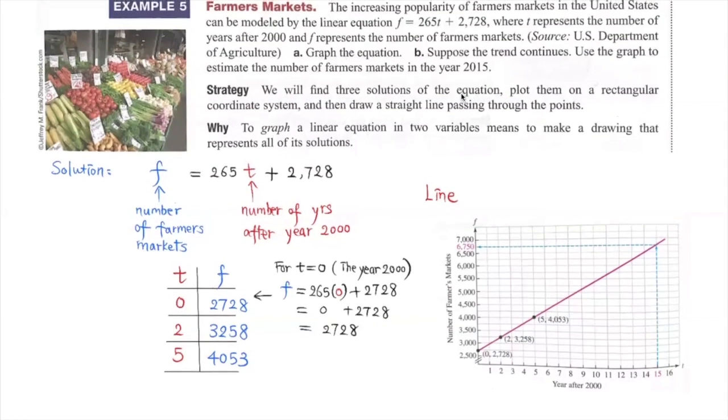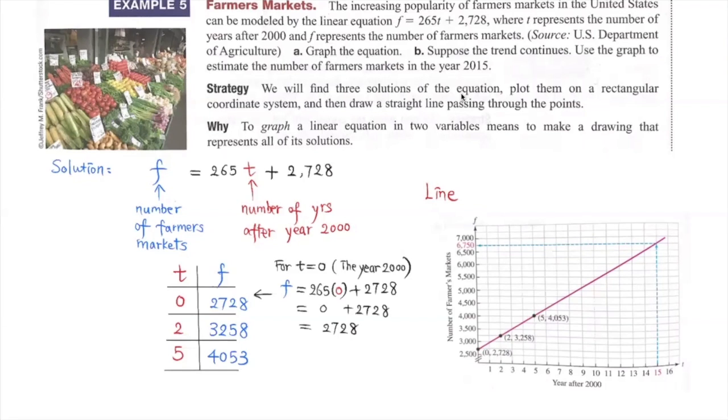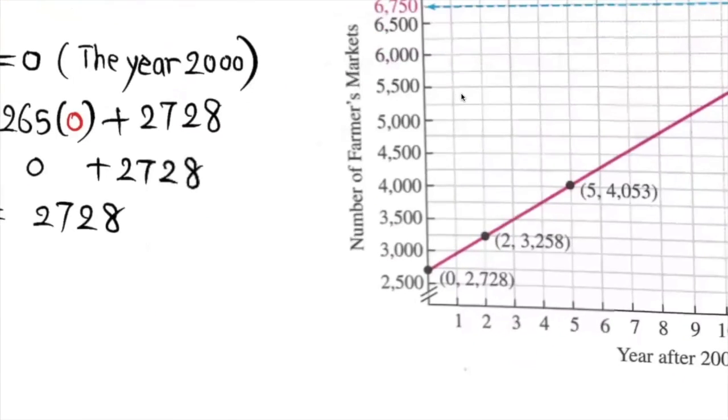Okay. So to graph this, we plug in those points. This corresponds to the year 2000, here the year 2002, and the year 2005. These are the 3 points. Notice that from 0 to 2000 is a big distance, so sometimes you can break the coordinate axis and skip some numbers.